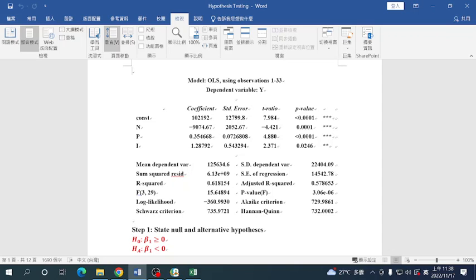Sometimes you will see something positive, like E to the positive 6, which is 10 raised to the 6th power, a huge number. This is called scientific notation, usually used in math.